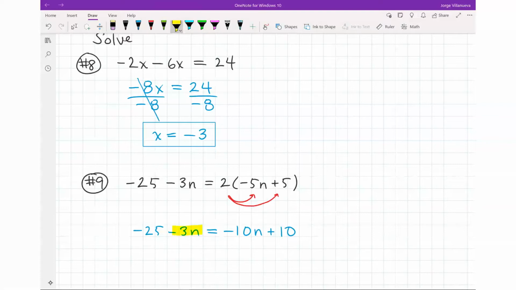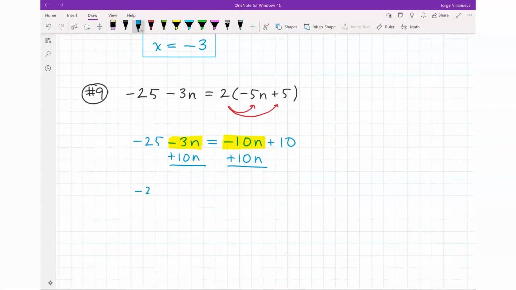So I see them right here. Which one should I move? Remember what I told you? I like to move the smaller one. Which one is the smaller one, the negative 3 or the negative 10? Negative 10. Yeah, with negative numbers, the one that looks bigger is actually smaller, right? So we're going to add 10n to both sides.